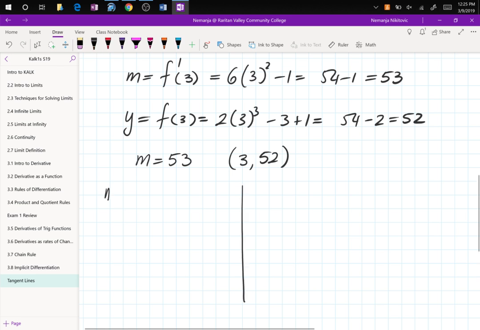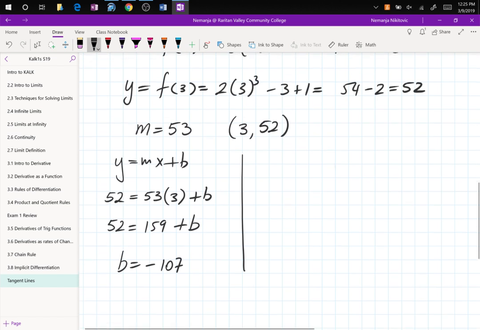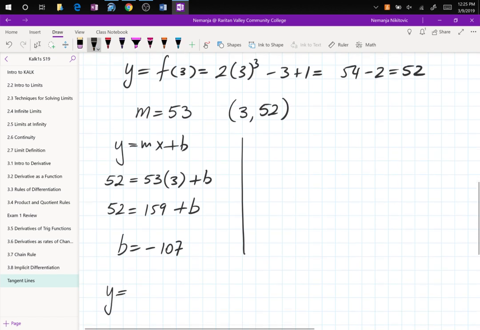So if you're using y equal mx plus b, your y is 52, your m is 53, your x is 3, and plus b. So 52 is equal to 159 plus b, b equals negative 107. And then you write your tangent line: y equals, slope is 53, so 53x minus 107. And you're done.